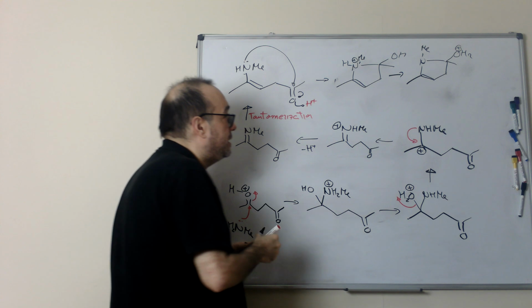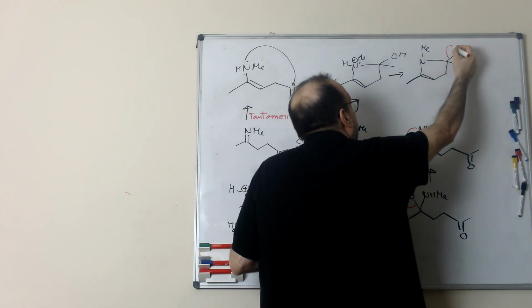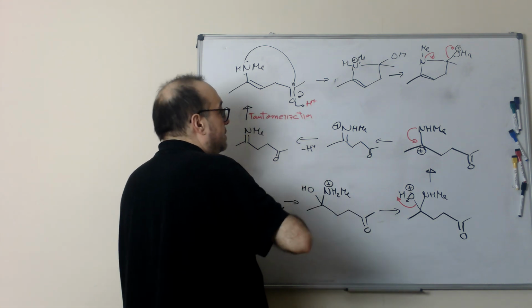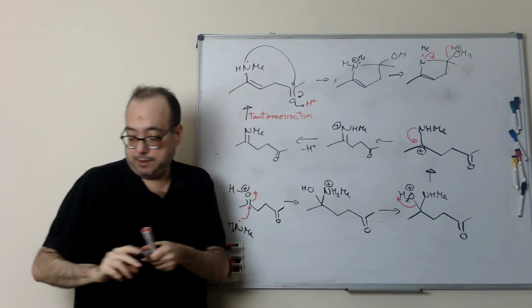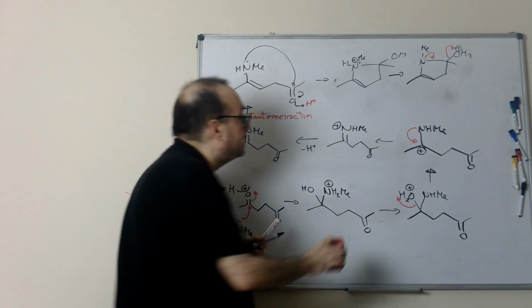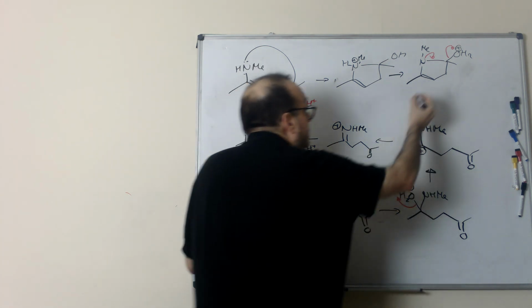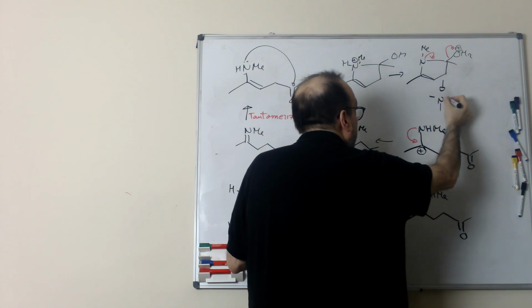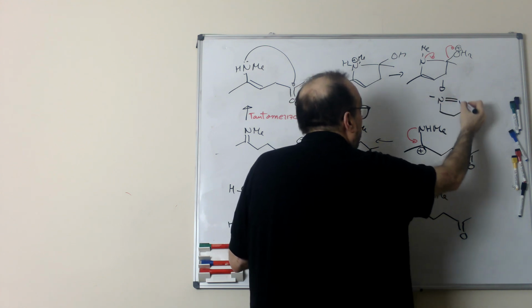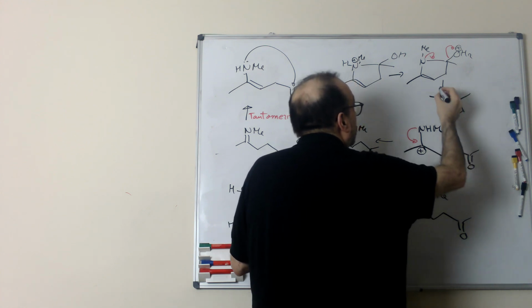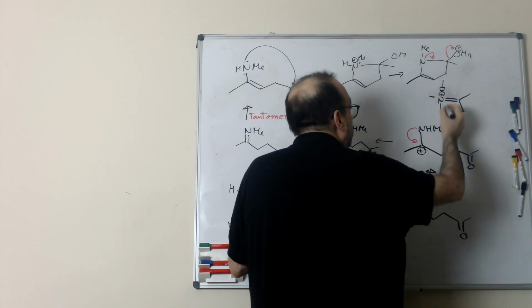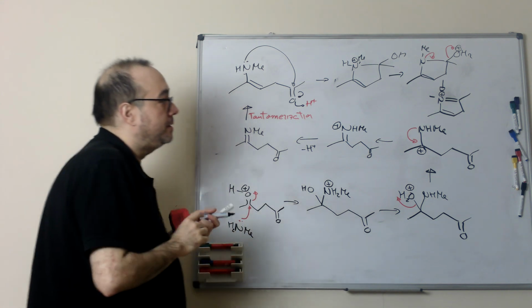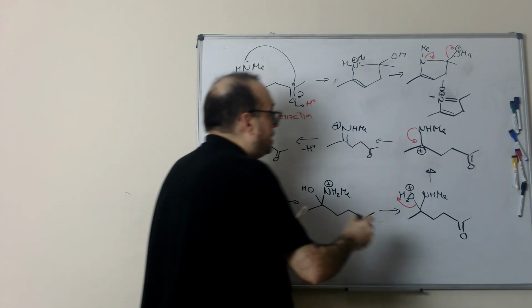And the water is eliminated. We can form, in this case, the imine directly. And what we get is this iminium. And now a second tautomerization.